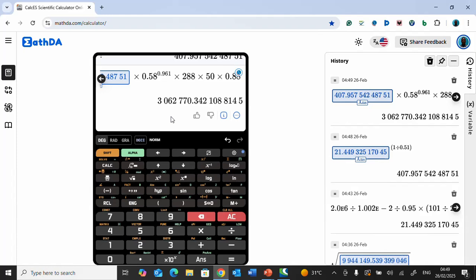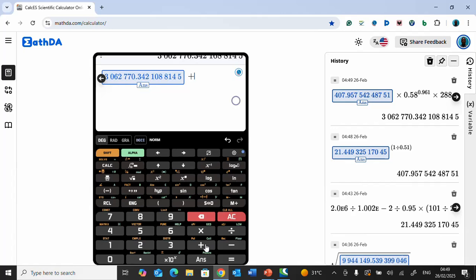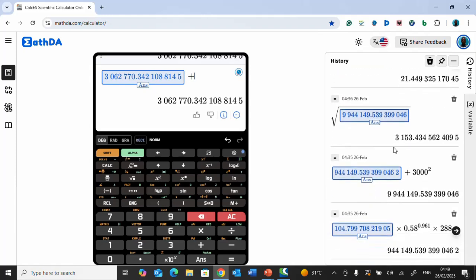So this is equal to this. So now we add this.